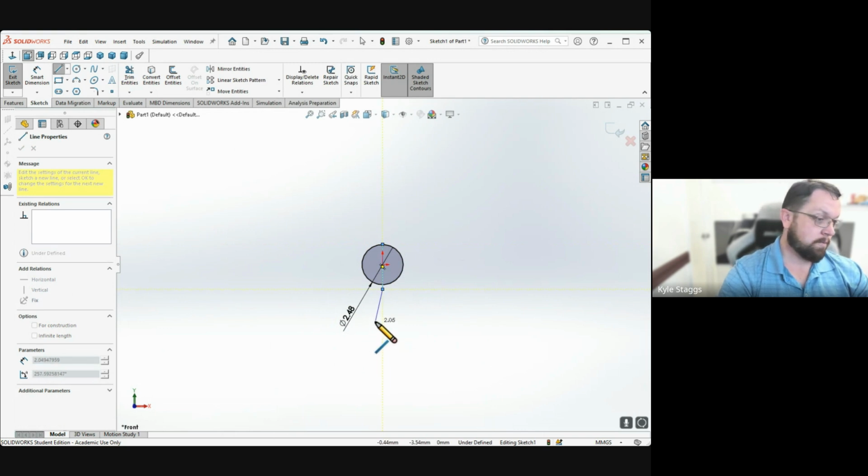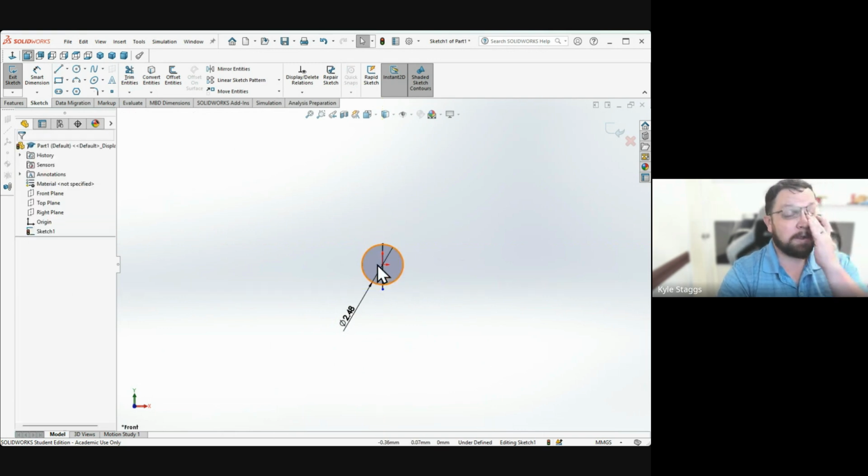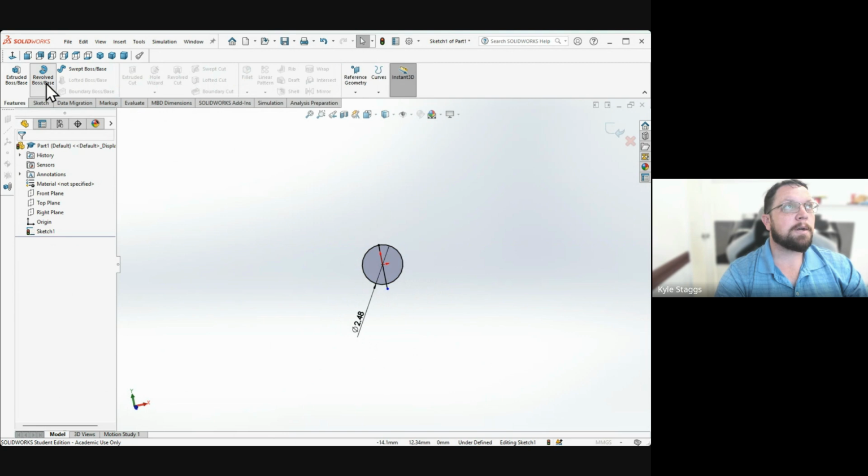So what we're going to do is copy that same dimension and create that adjacent to each other in SolidWorks so that you guys can actually see what's going on.